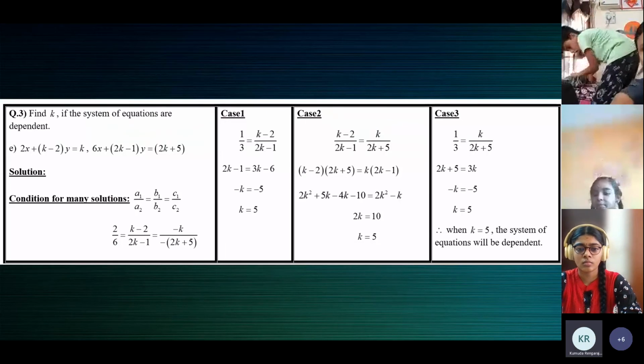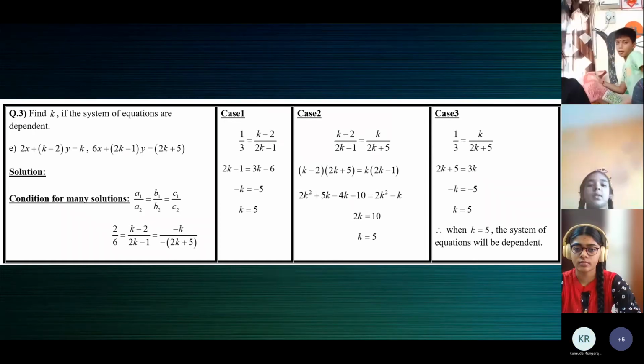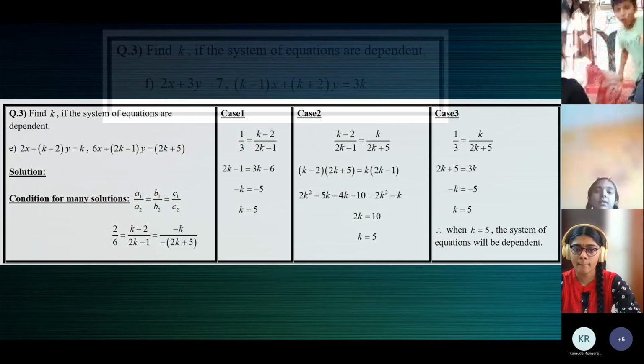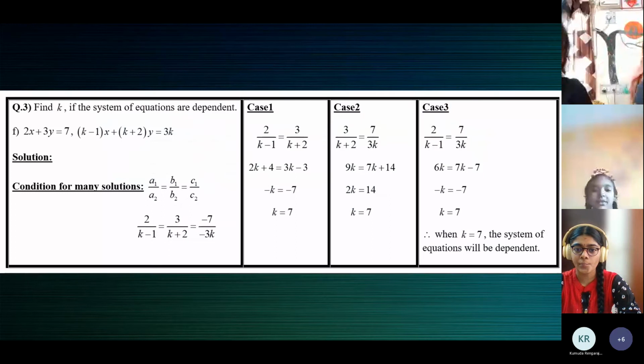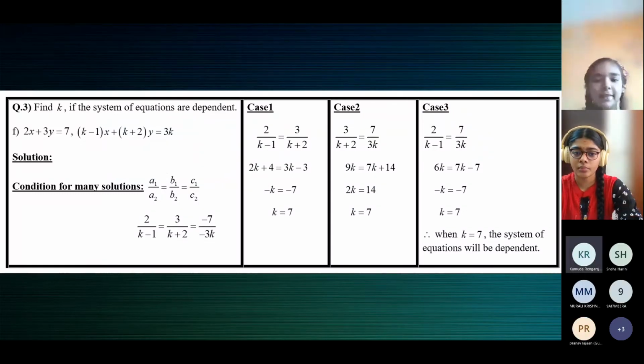Same thing, take a screenshot. Take a picture, children.